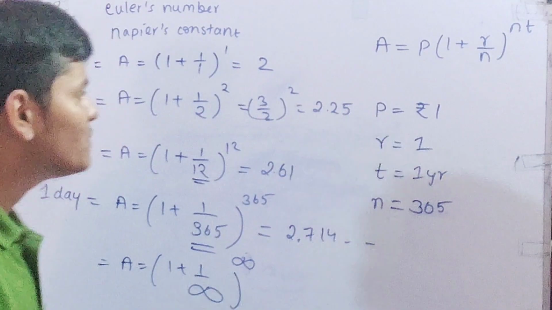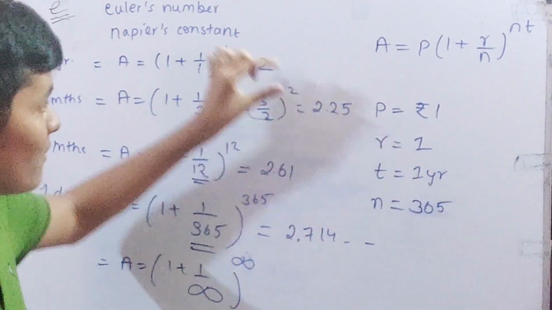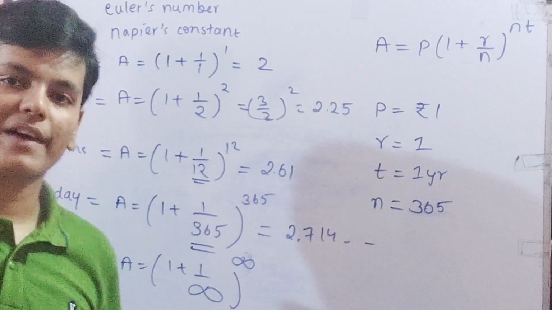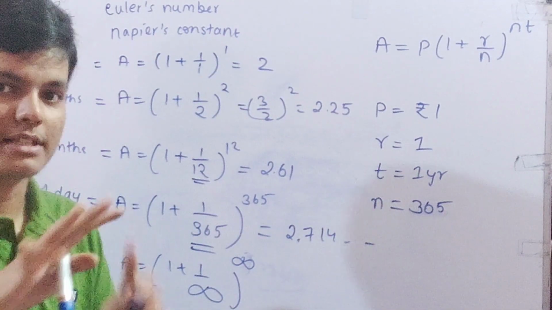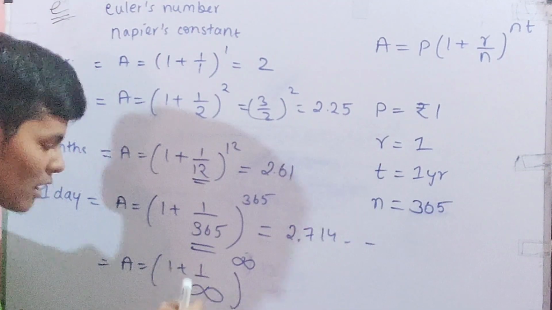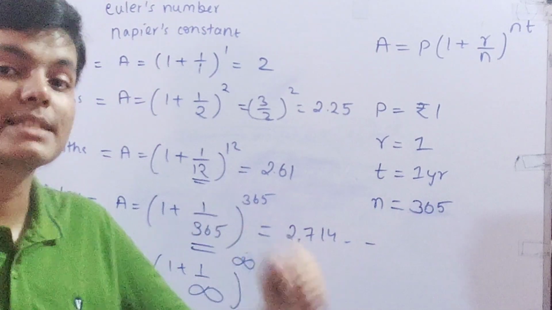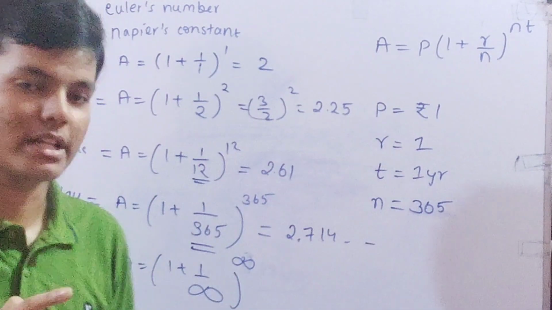Why did we do that? Because we want to find up to what limit we can increase the value of 2. Euler wanted to find out, as a thought experiment, that if I give 1 rupee to a bank and compound it over an infinitely large number of periods, then what is the maximum amount that I can get in 1 year?